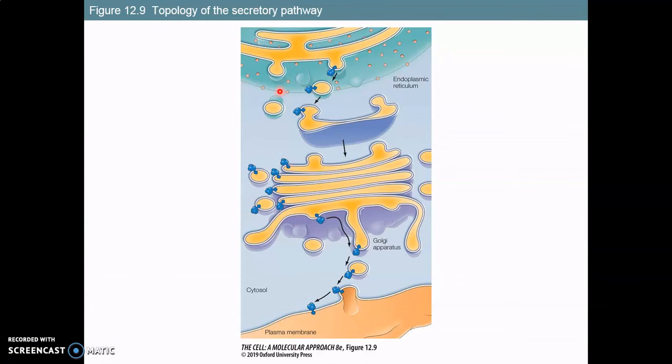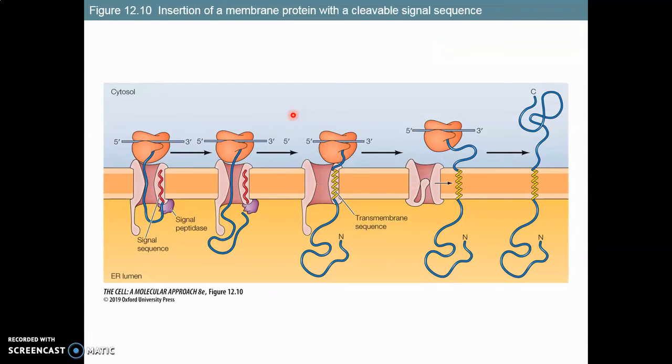So we've talked about how the association is formed, but now let's talk about how we can actually insert the protein into the membrane. Here we have an image of a protein being produced, and this protein is in that type 1 category that has a signal sequence and then has another transmembrane sequence in the middle of it.